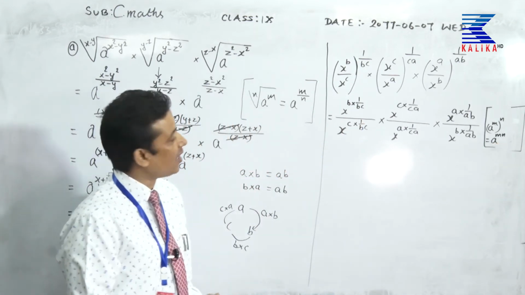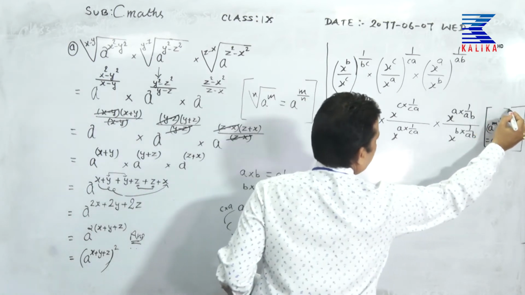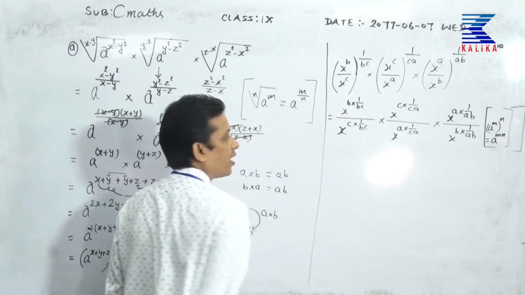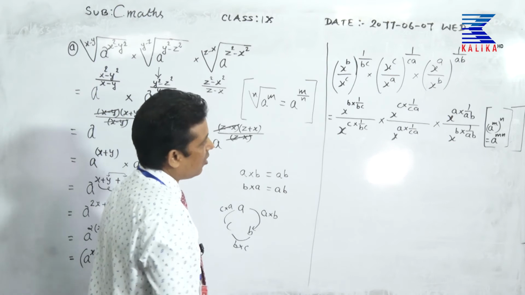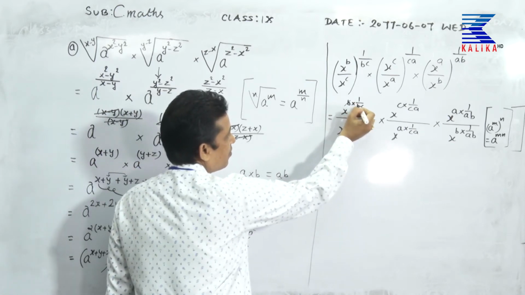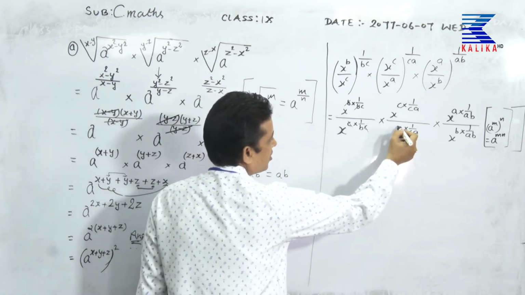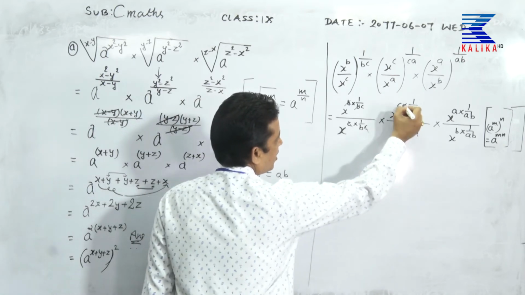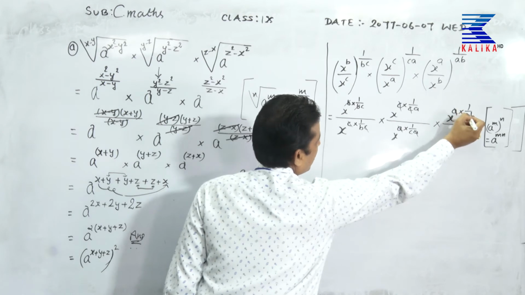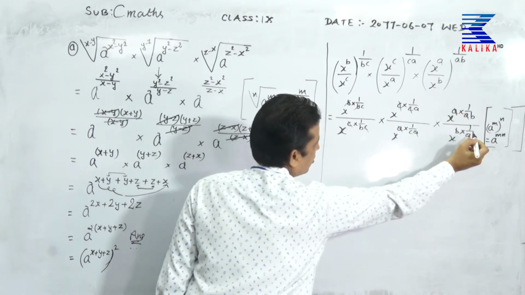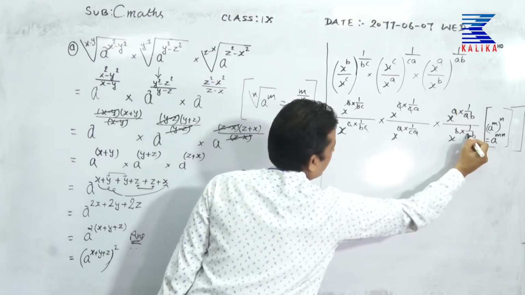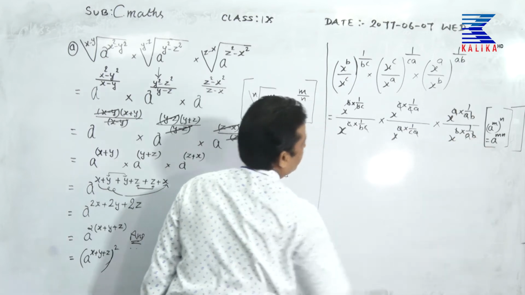So, this fact we have used, dear student, in this step, and now we can cut, like x, this b and b, this c and c, this a and a, this b and this b.